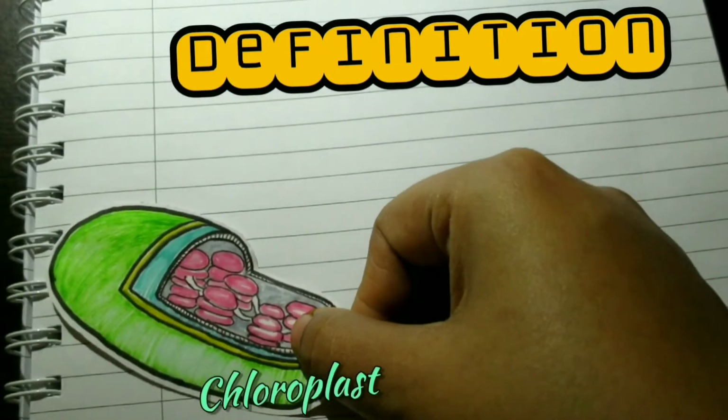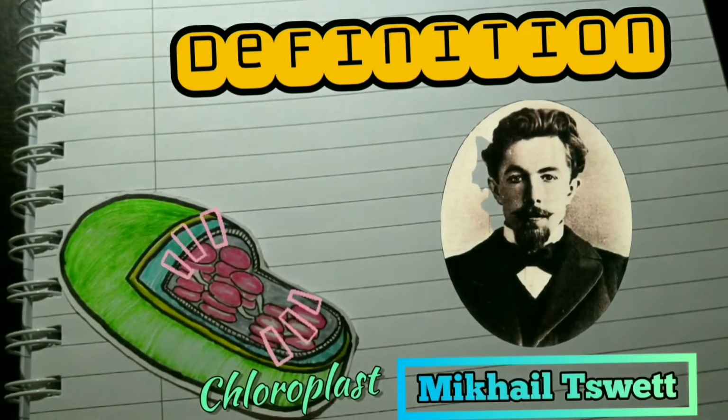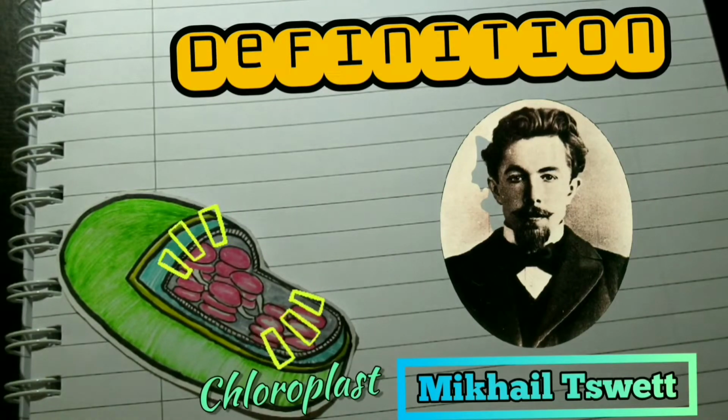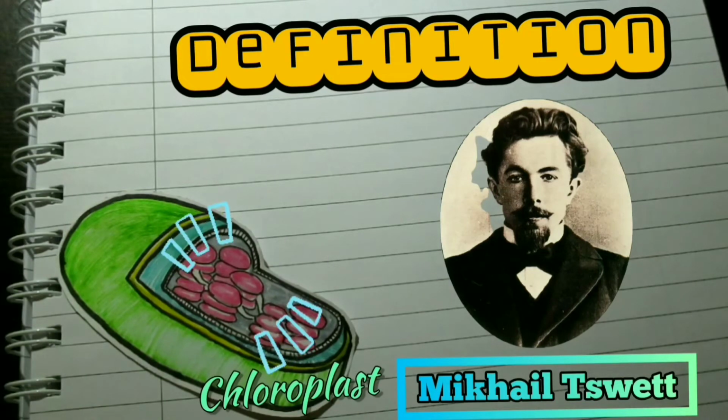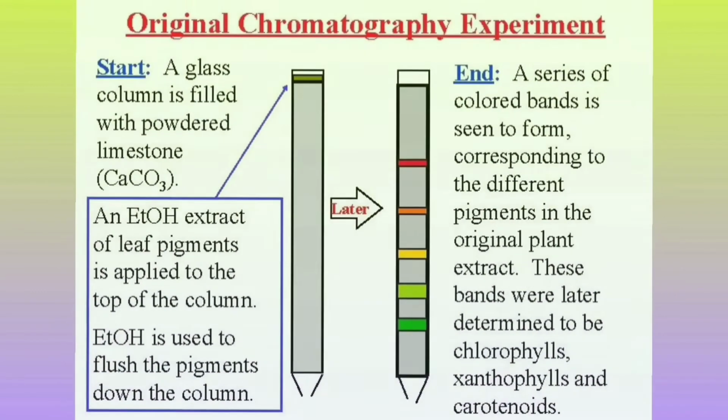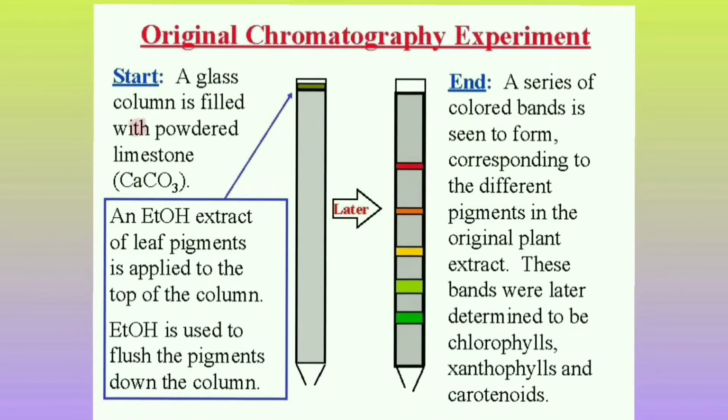A Russian botanist developed this groundbreaking technique in 1902. His studies were on the isolation and characterization of the colorful pigments in plant chloroplasts. He prepared separating columns by packing fine powders like sucrose and chalk, that is calcium carbonate, into long glass tubes.